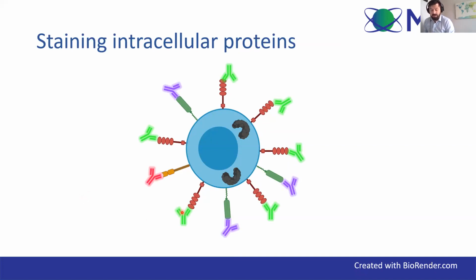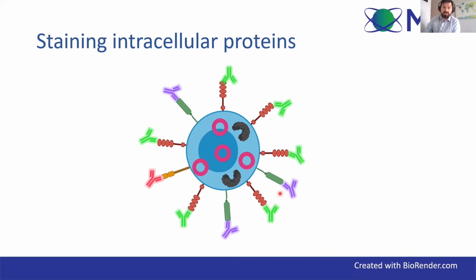We see that here where we've got all our antibodies and they've come in and bound to our cell surface molecules. At this point as well, if you want to use a fixable viability dye, this is the time to do that. Next, you need to permeabilize your cells. This is represented here with these pores that I've generated.